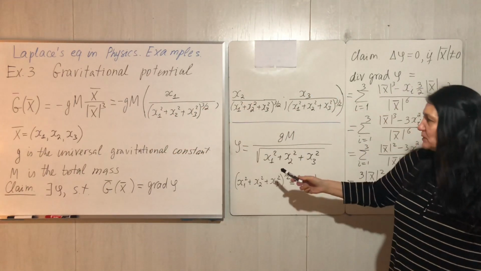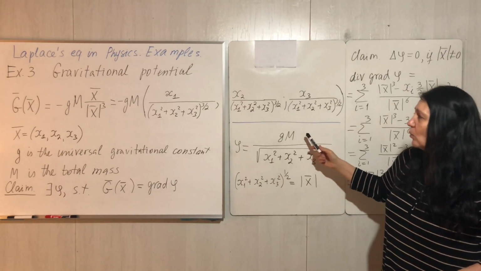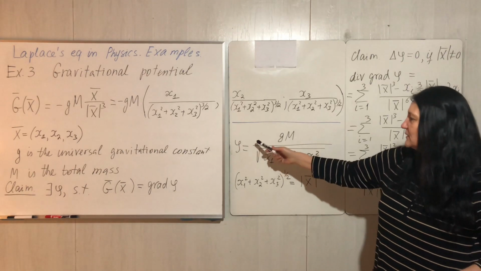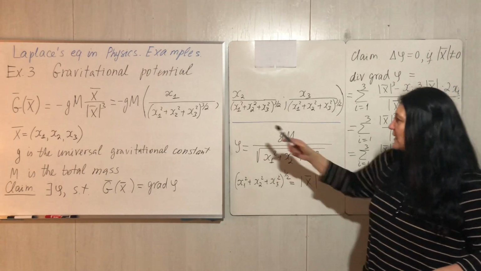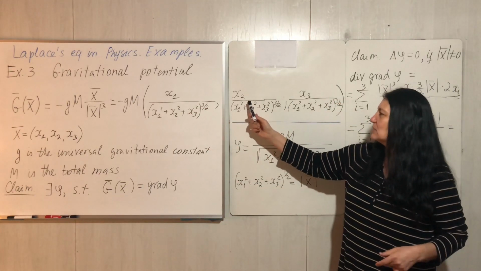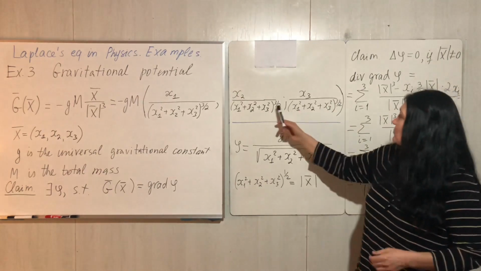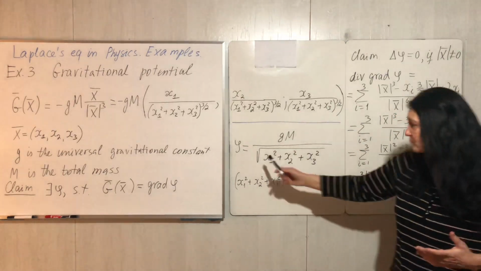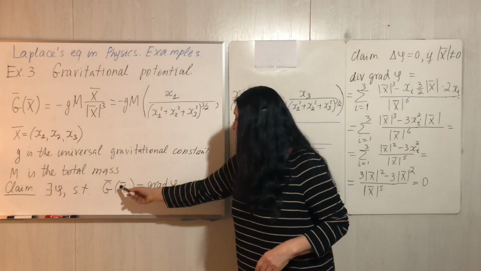If we differentiate with respect to x1, for instance, it will be 2x1, and the 2 from here when we have -1/2. The 2 and 2 will cancel, and we get this first component, and similarly we can get the other two components. Right, so phi is indeed a potential.